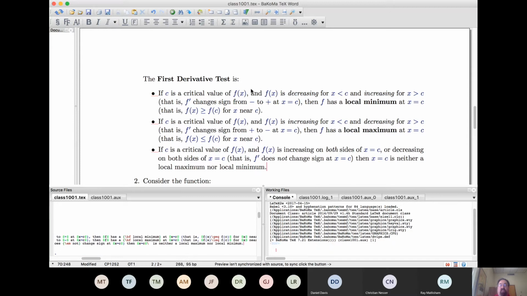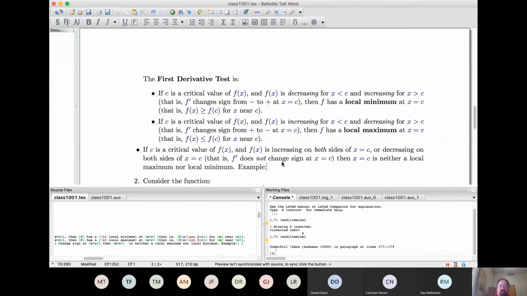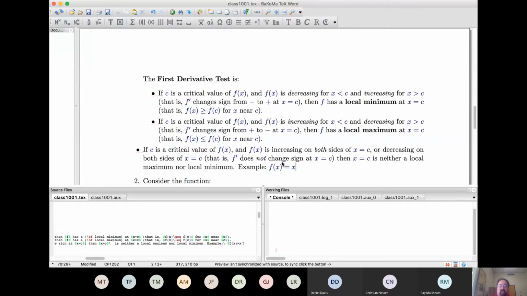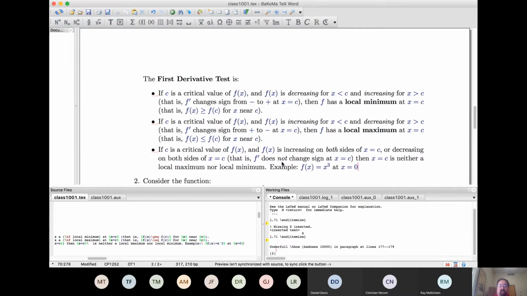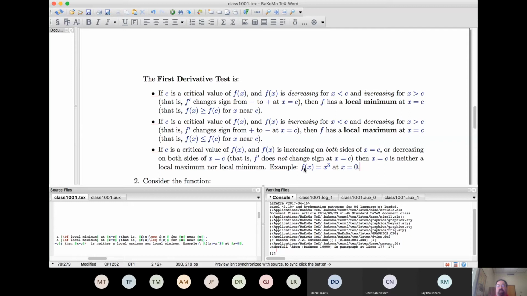All right. So a sign change gives you a local extremum, so a maximum or minimum. If it does not change sign, then it's not one of those things. One example, x cubed at x equals 0. x equals 0 is a critical value, because the derivative is 3x squared, which would be 0 at x equals 0.